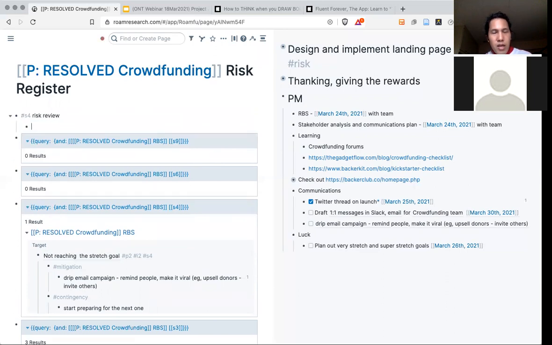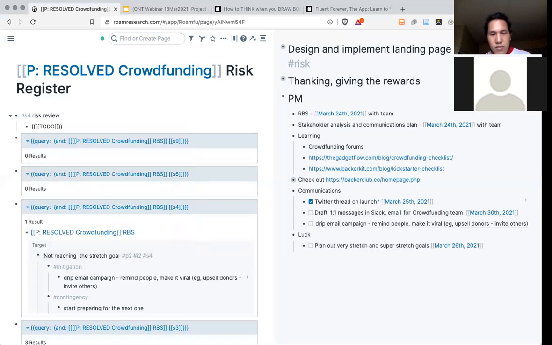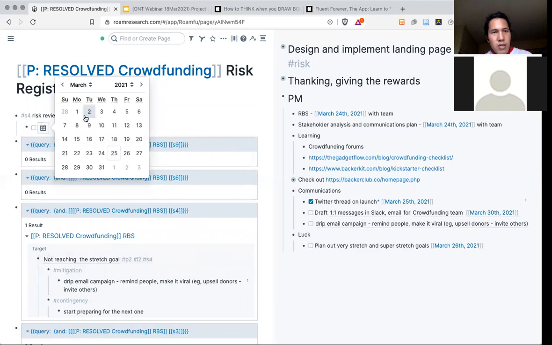This is where I put the date already, so that we review these risks.